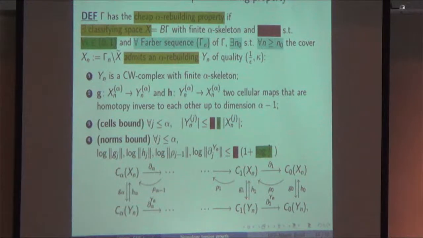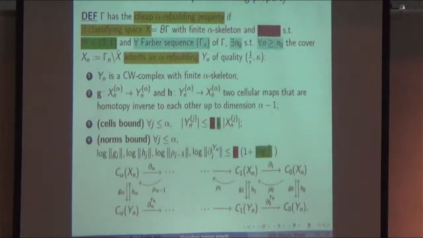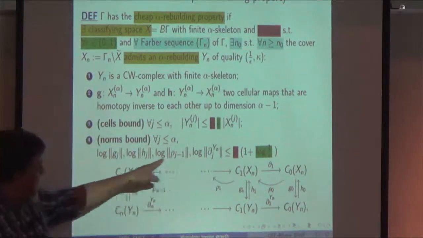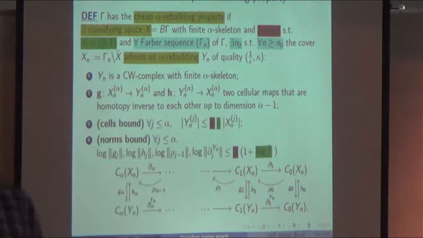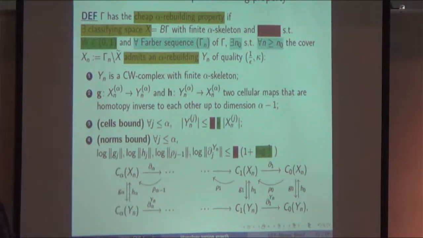You prefer the floppy one, but it is the same. Really, it's the same. And you have here all the maps whose norm we want to be controlled, in this homotopy equivalence between the chain complexes. This makes sense?